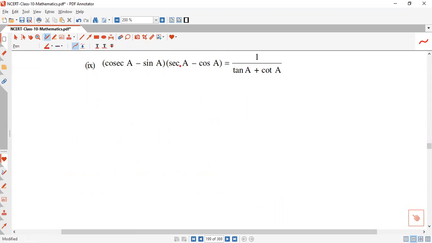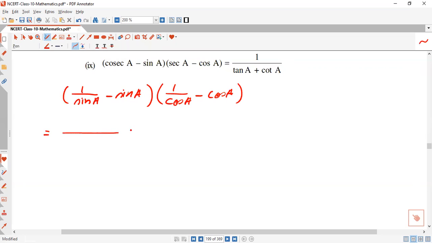Cosec A minus sin A, sec A minus cos A is given to you, and if we take the multiplication, it may be complex. So we replace cosec A and sec A in terms of sin and cos. So what we are getting? 1 upon sin A minus sin A, multiplied by 1 upon cos A minus cos A.